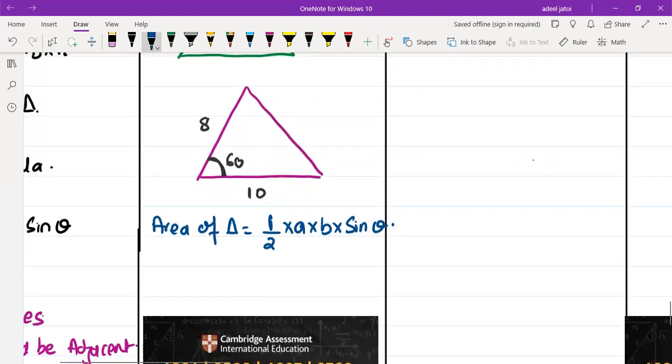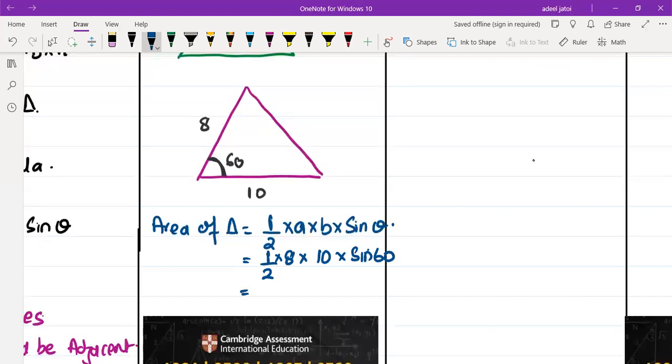This is your formula. That means half multiplied by 8 multiplied by 10 multiplied by sine 60. Just remember that the sides should be adjacent to the angle given.